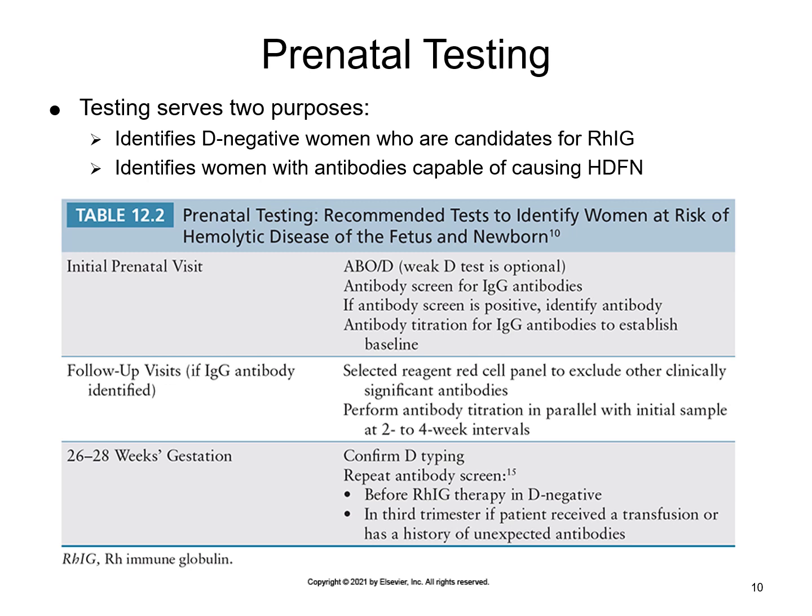Now, at about 26 to 28 weeks of gestation, if the mom is Rh negative, then they're going to repeat that antibody screen just to confirm that she has not developed any sort of anti-D.